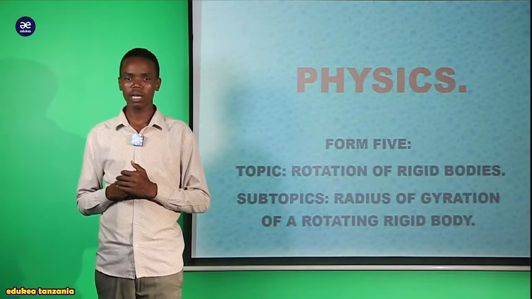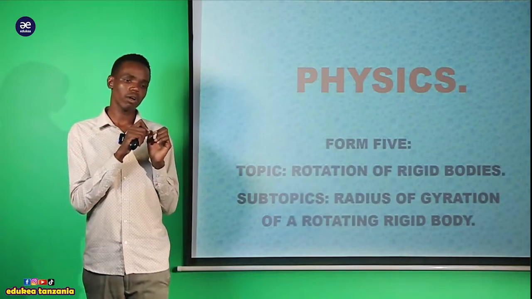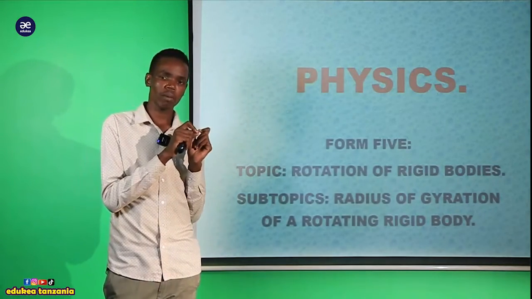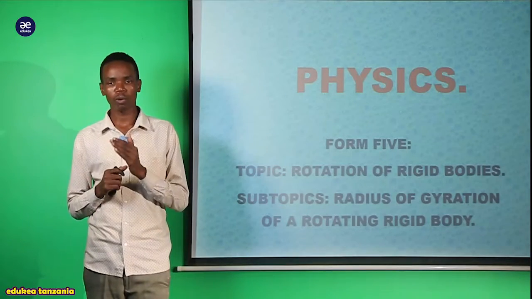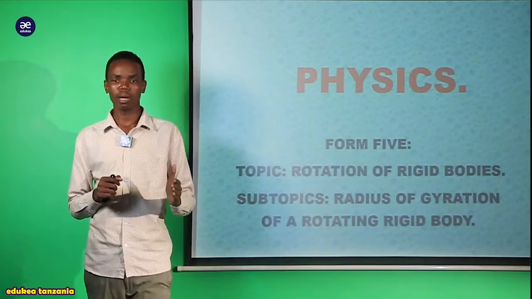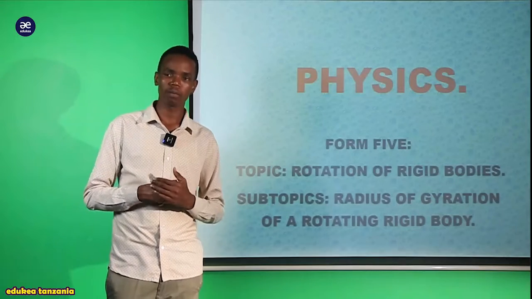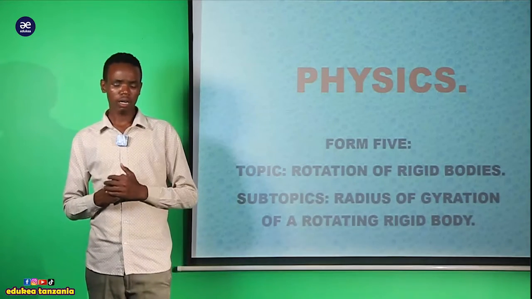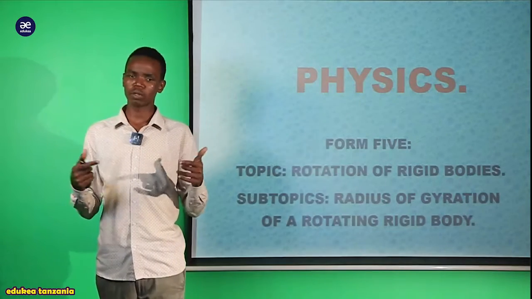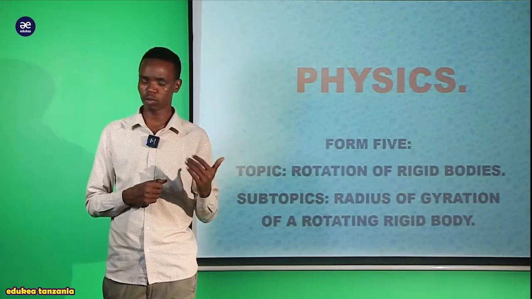And we said that along the diameter, the moment of inertia must equal 1 divided by 4 times MR squared, where M represents the mass of the disk and R represents the radius of the disk. We also looked at some related examples.